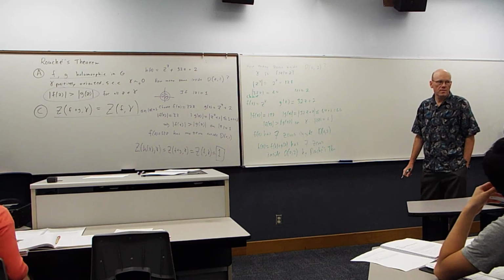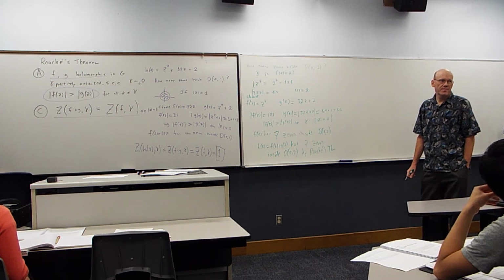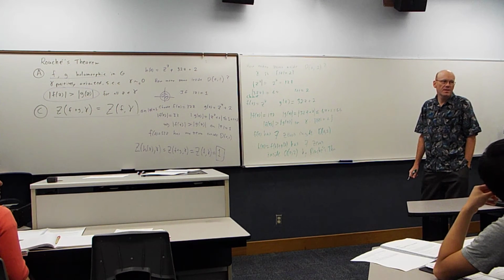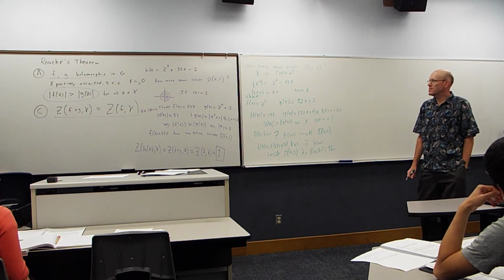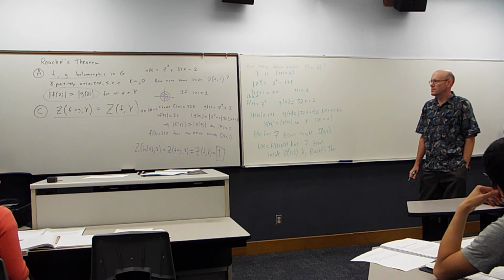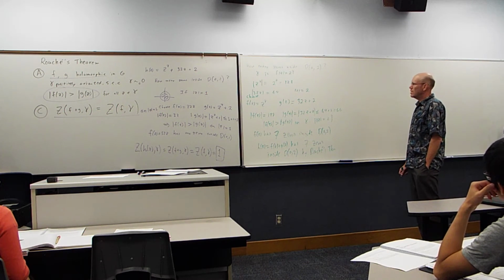What if z is really small? You're saying the 2 never dominates. In this case, yeah, but what if z was 0.001?